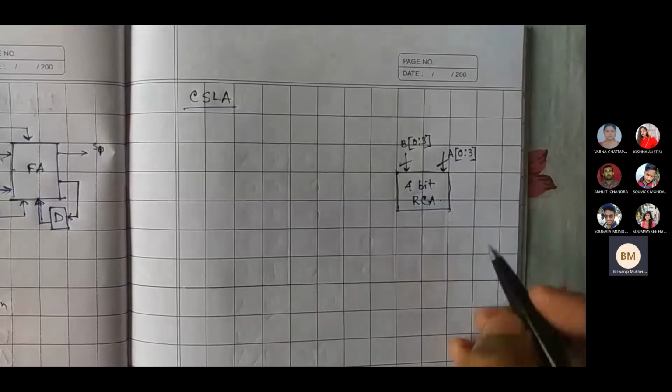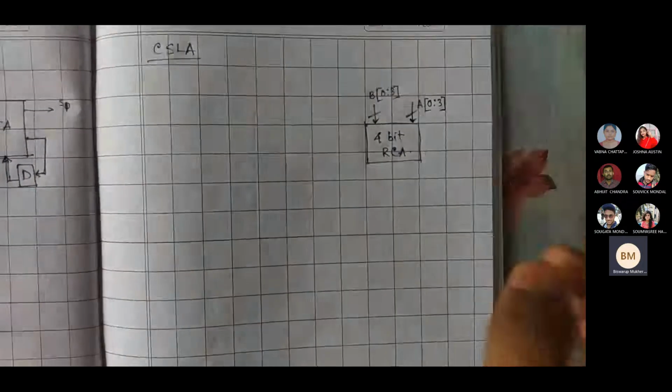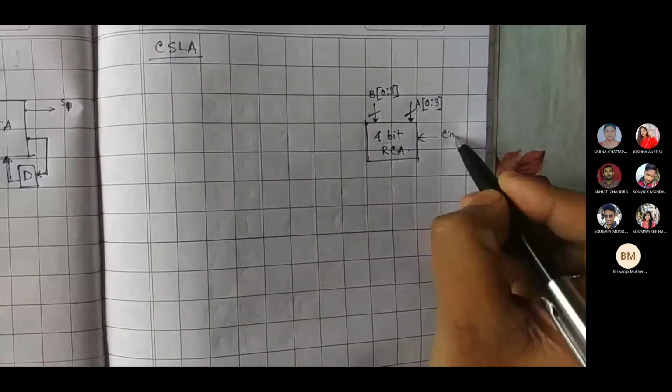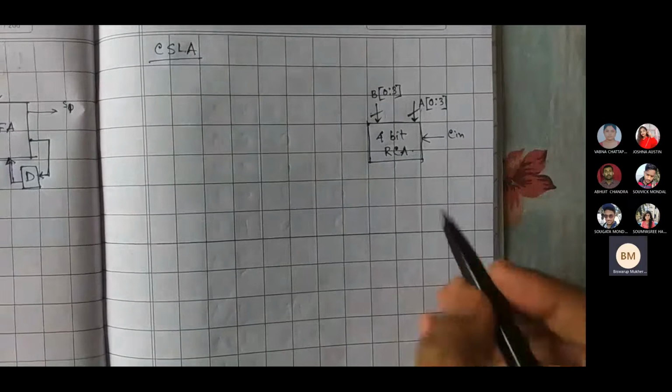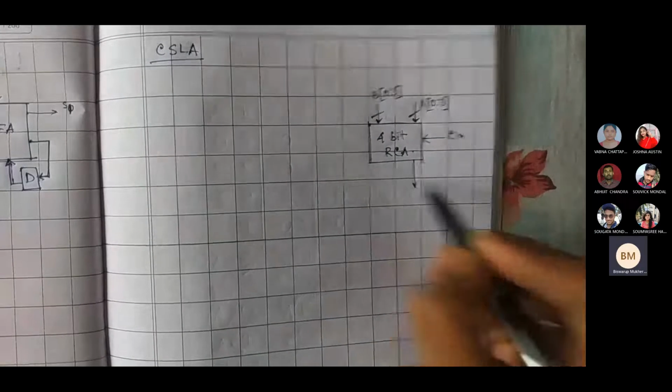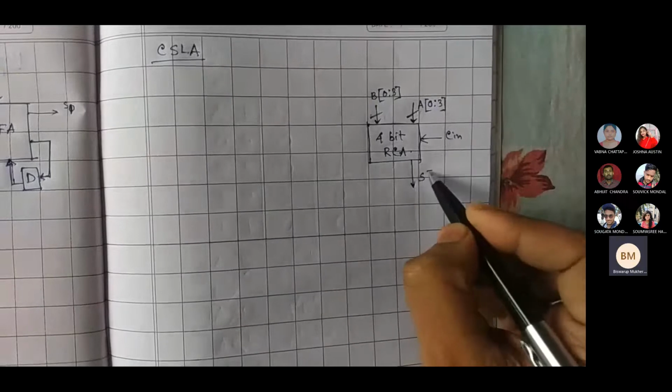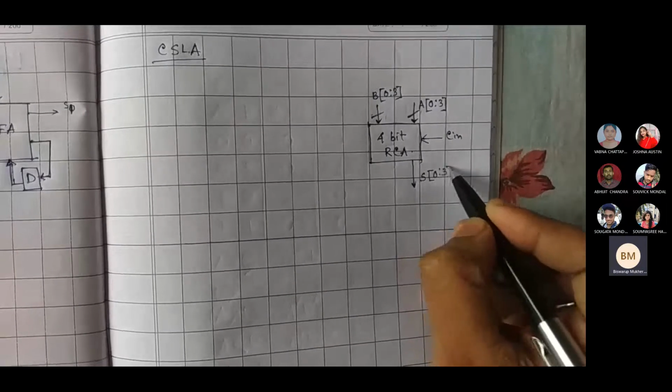Cut means obviously there are multiple lines. So four A lines, four B lines are there, along with C in, the previous C in. So obviously the output comes as a value from 0 to 3.